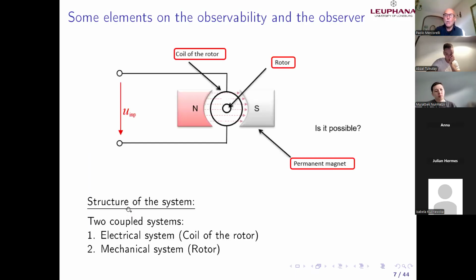Okay, now more technically, I think I don't need to comment on this picture because you know from high school, not only the engineers, we have magnetic fields, in this case generated by a permanent magnet, it seems to be, but not necessarily, it could be also an electromagnet. In this case, I indicated permanent magnet. North-south is the model. North-south is a magnetic model.